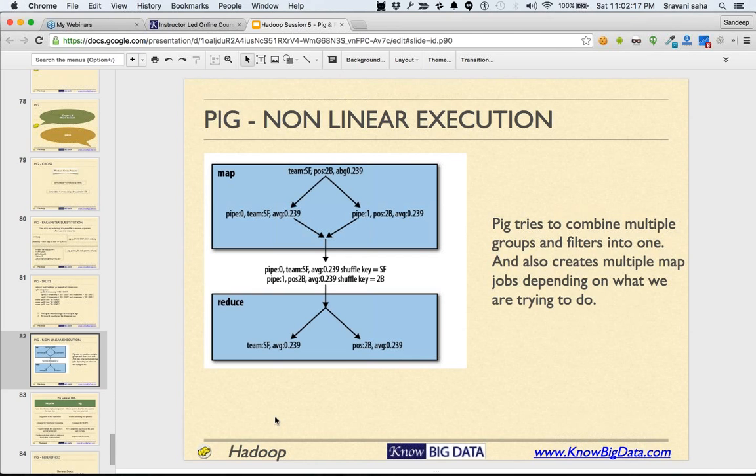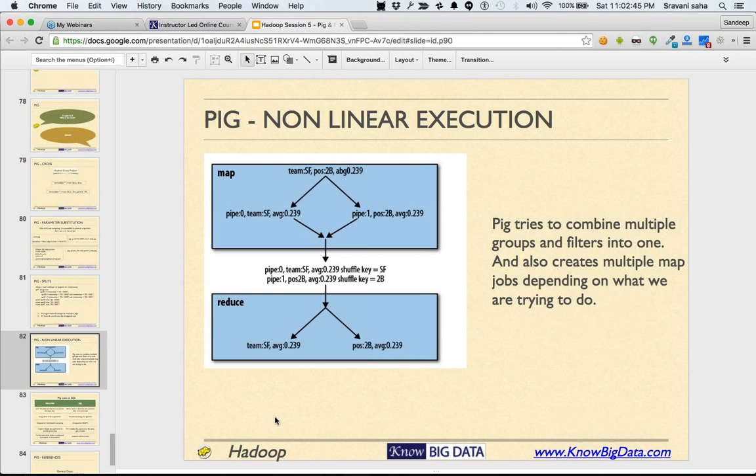And also, Pig tries to do a lot of non-linear execution, as well as Pig tries to group multiple things into one and filter into one. When you are running a Pig script, the moment you say dump, a lot of things happen in the background.